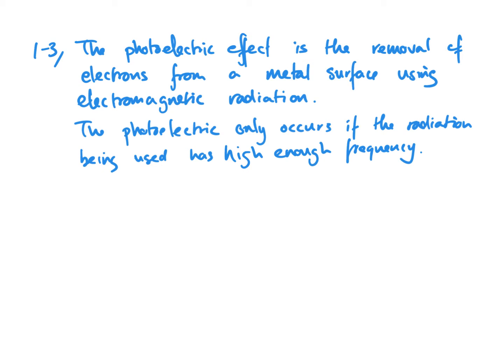So if you fire a beam of particles at, for instance, electrons on the surface of a metal plate, then once they get to a certain energy, they can knock the electrons off. So it made them think of light as acting like a particle. And we call those particles of light photons.